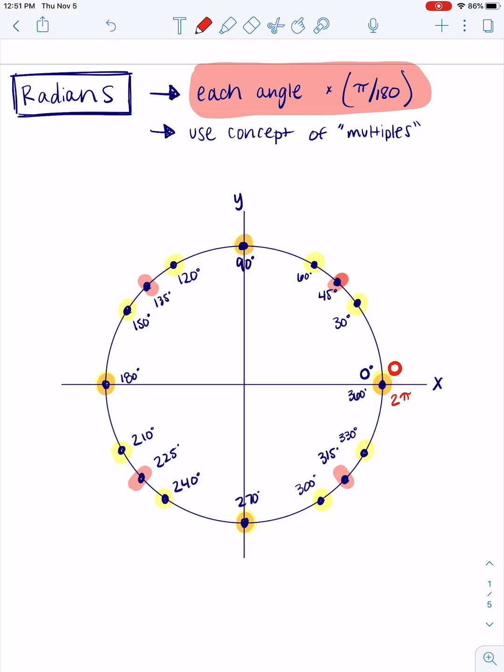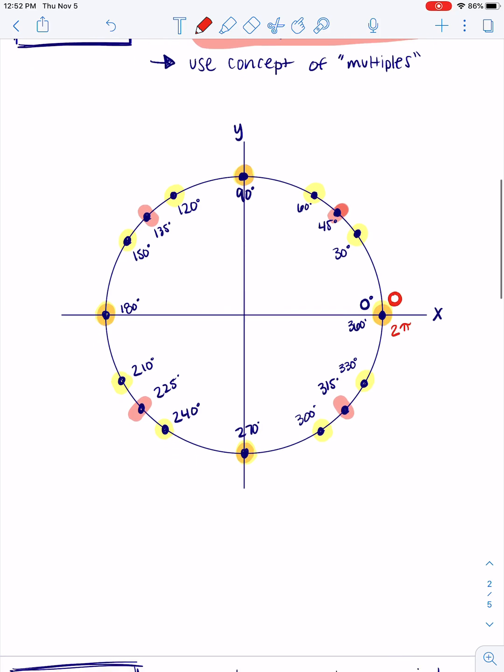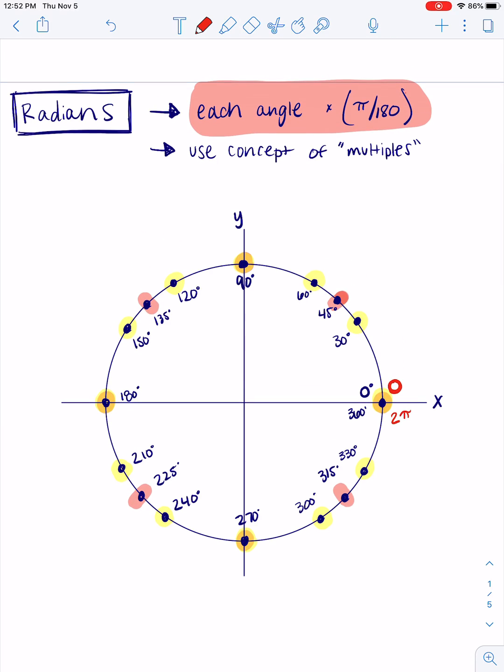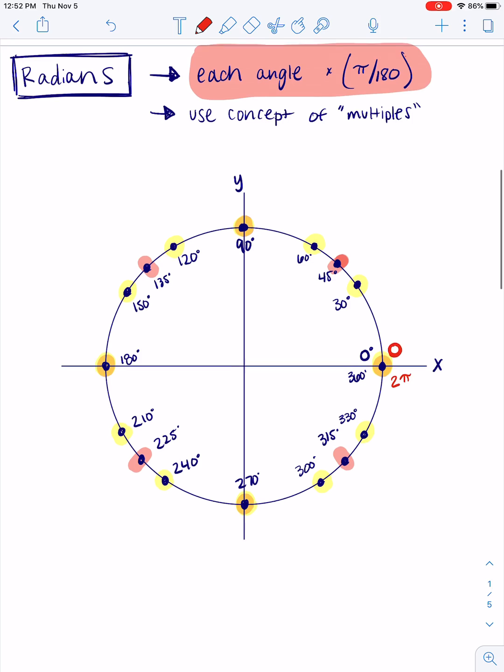Okay, so now we're going to find all of these special angle pairs in between. I'm just going to start with 30. So if we start with 30 degrees, our conversion is to multiply by pi over 180, which I highlighted in red.